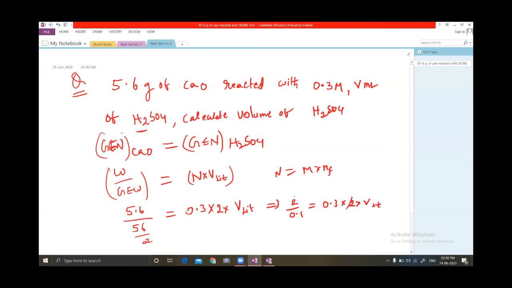So 2 will be cancelled. We are doing it correctly, no? V liters equal to 1 by 3 into 10 power minus 2. Let's check it. Is it correct? Are you doing anything wrong with that?